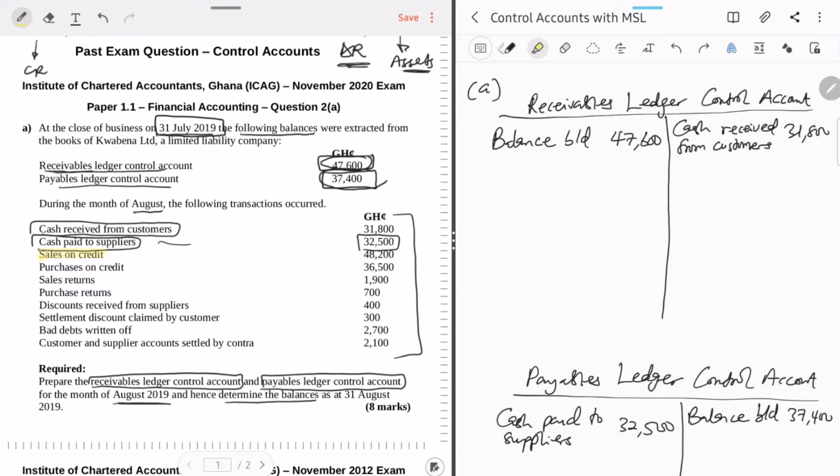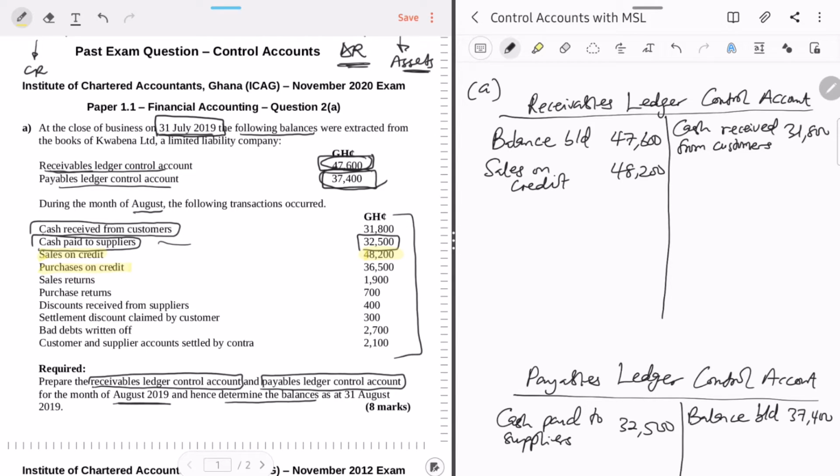So what did they say? Sales on credit. Why am I debiting? Because when I sell on credit, I'll credit sales, so the debit will come here. So the figure is 48,200 from here.